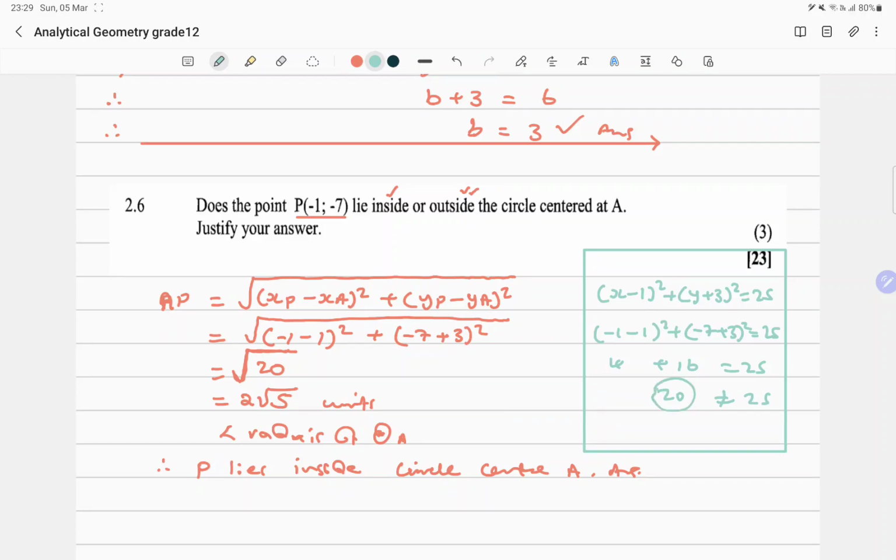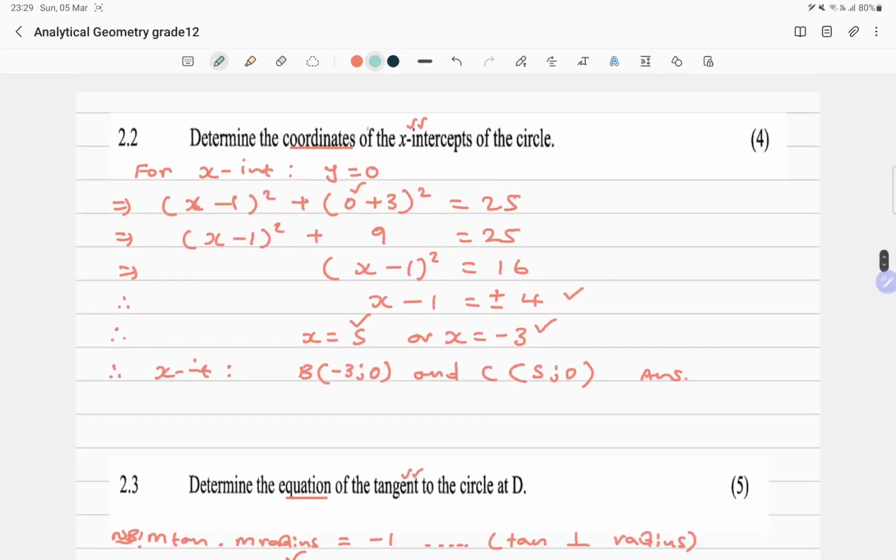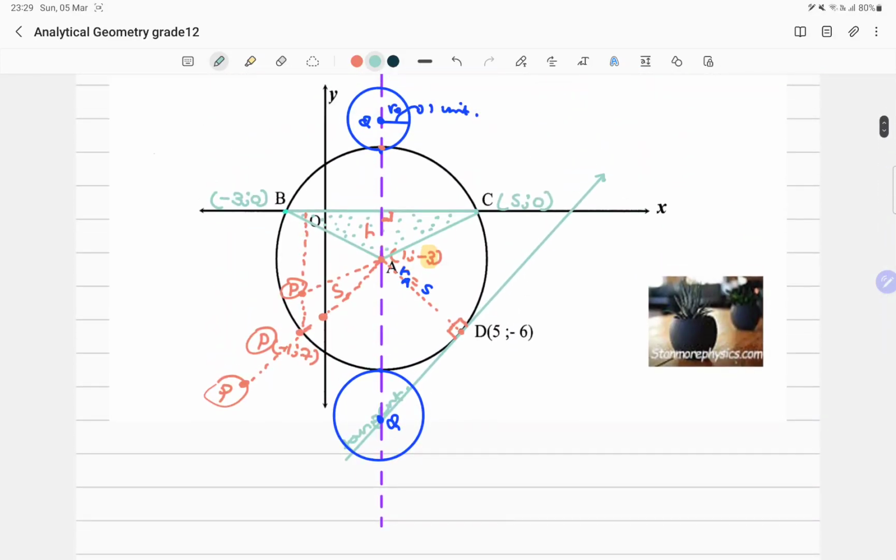By the mere fact that this is smaller, it already tells you that the point is inside that circle, meaning point P is more likely to be here or anywhere inside this circle, but not at the circumference and not outside that circle.